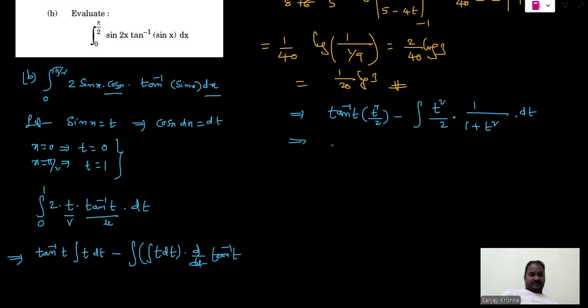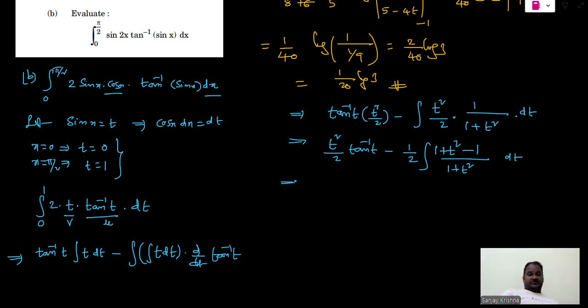That implies this is t square by 2 tan inverse t minus 1 by 2 integral t square divided by 1 plus t square, or t square plus 1, anything is fine, into dt. Right, this is 1 plus t square now. It is understood that we add 1 and subtract 1, so 1 plus t square minus 1.